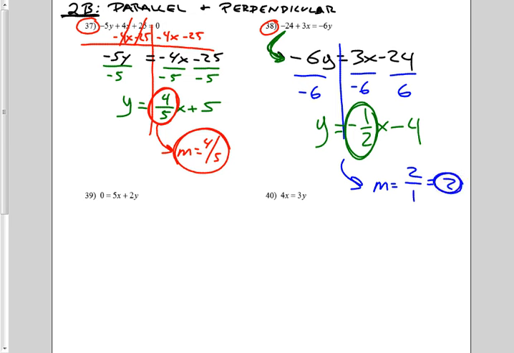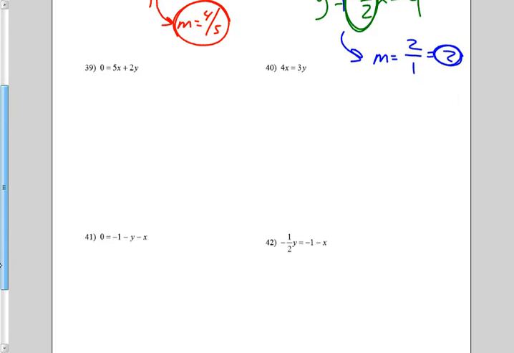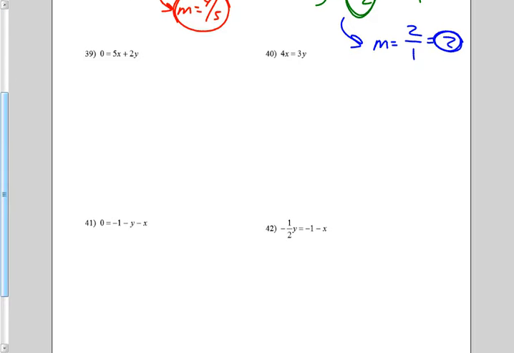So on the last 4 questions here, I don't think we need too much practice on this because it is the same thing. You just need to remember, I flip it or I don't, for parallel versus perpendicular. So in these 2 equations right here, because they're not labeled, I'd like you to find a parallel line.